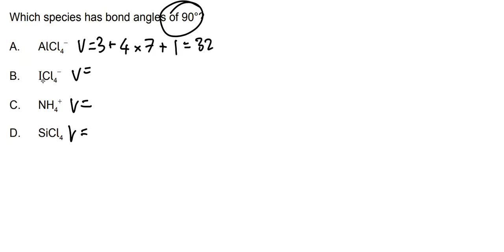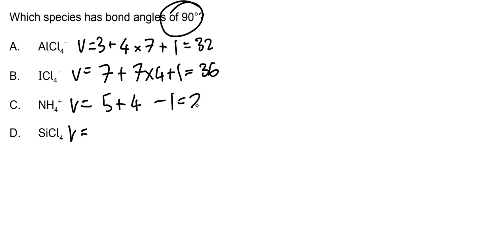For this one, we have 7 plus 7 times 4 plus 1, which is 28 plus 8, so 36. For this one, we have 5 plus 4 minus 1, which is 8. For this one, we have 4 plus 28, which is 32.